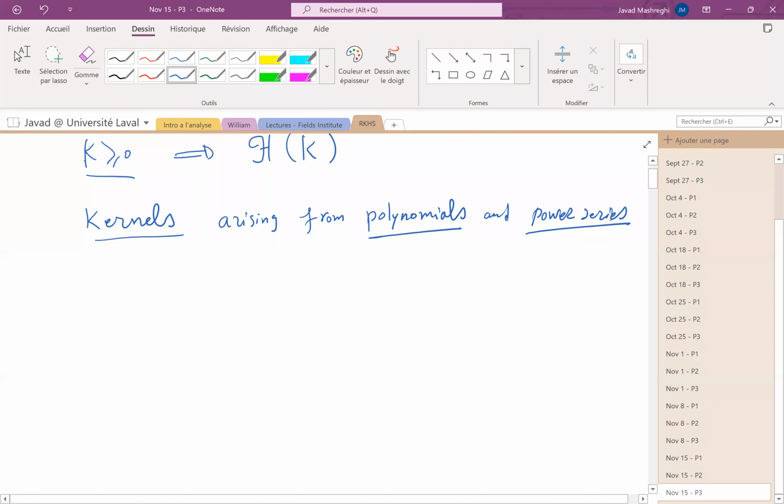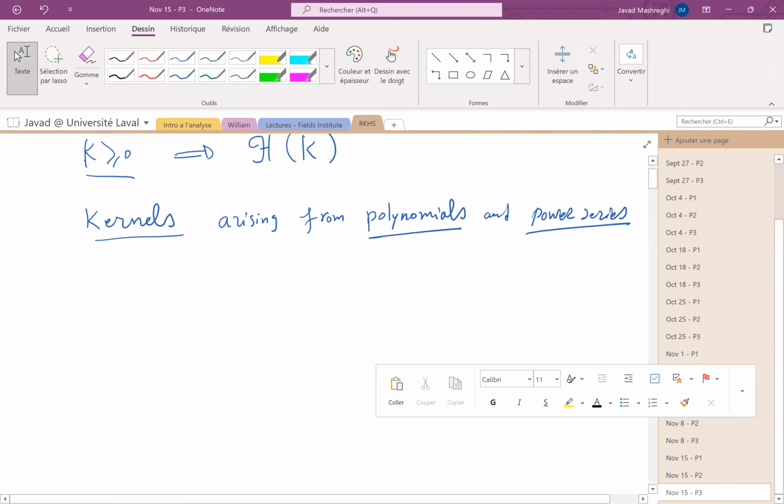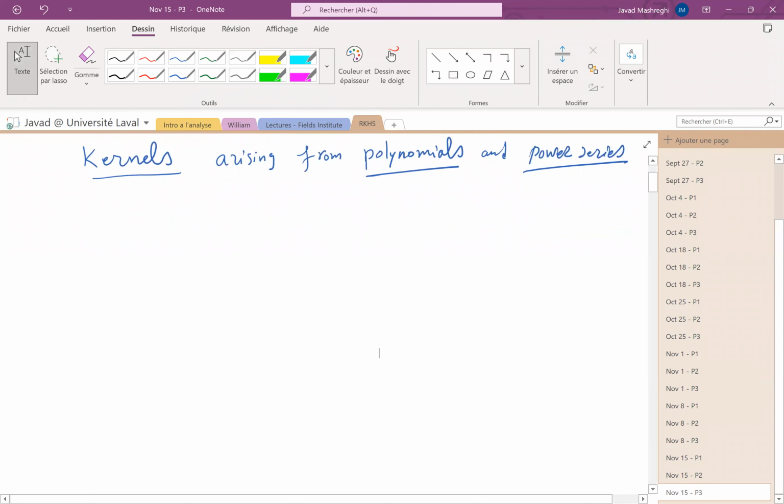So we start with a polynomial for which there is no convergence problem, but then with a little bit of work, we can go to power series.